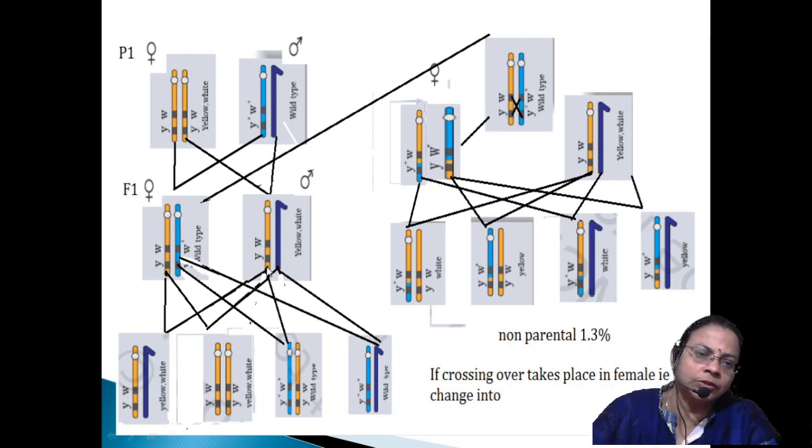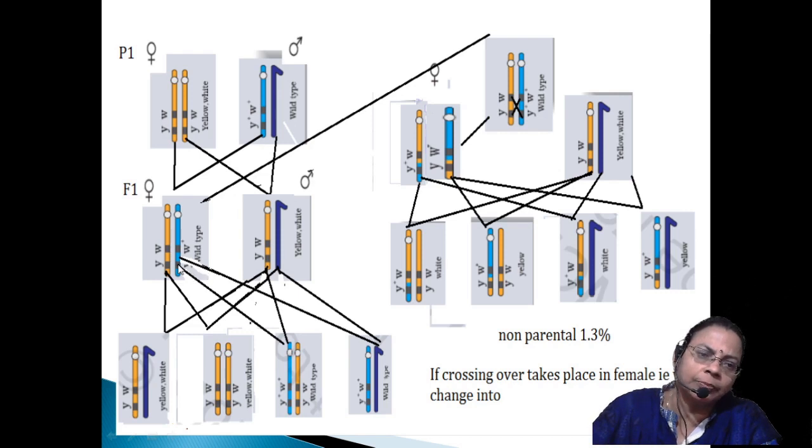And this YW with this one here, you will get YW, YW. That means both will be yellow, white. One is male, the other is female, because this gamete from the female, recessive character only, is fusing with these two.